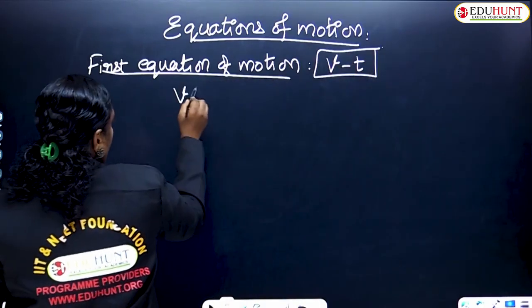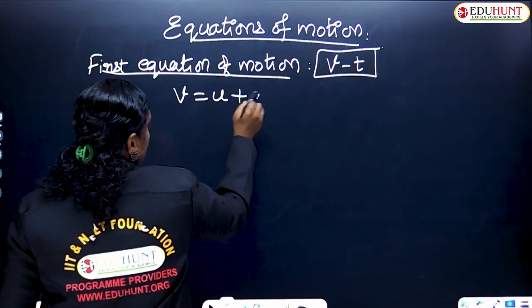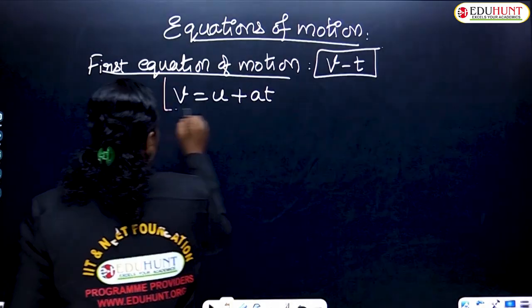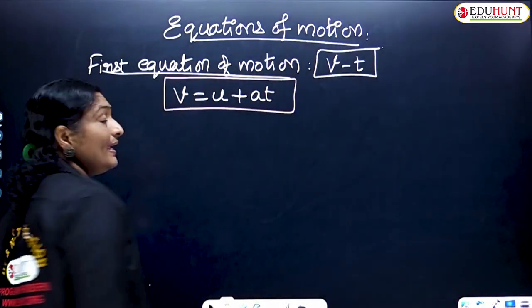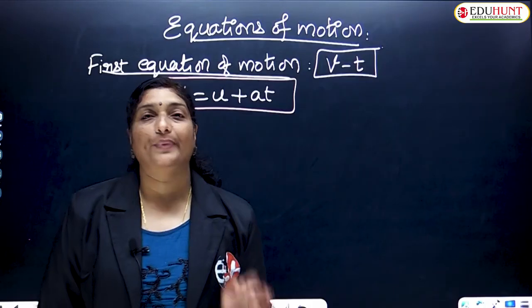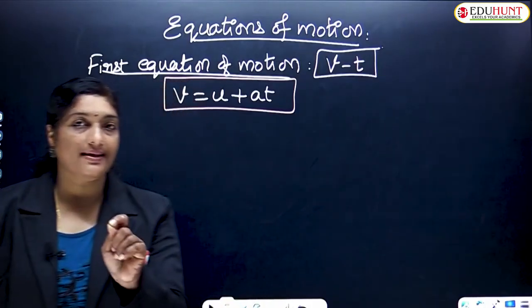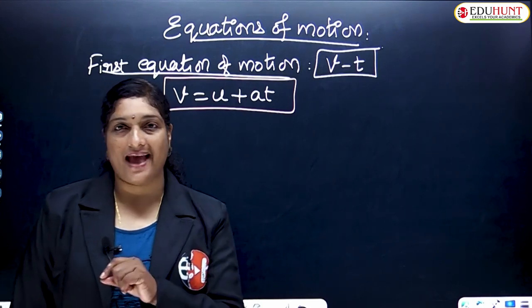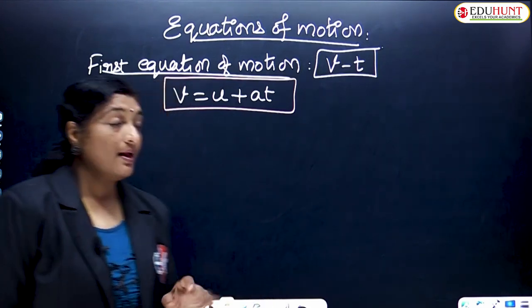And this is how the equation is written. The relation between velocity and time is given as v equals u plus at, where v is final velocity, u is initial velocity, a is acceleration and t is time.